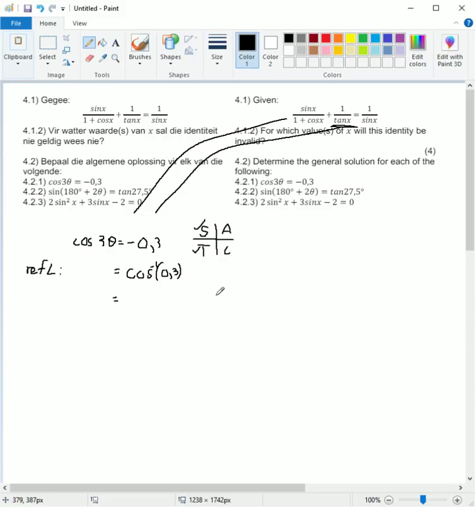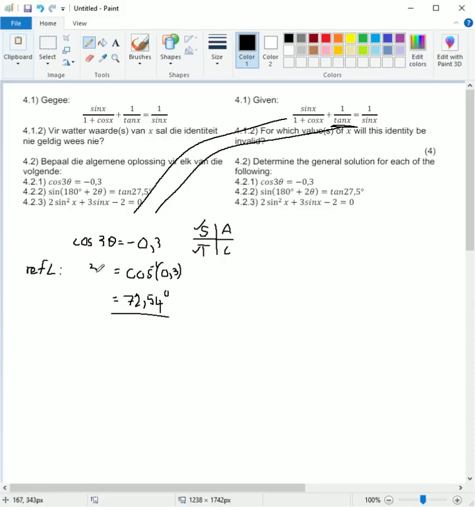My calculator says 72,54 degrees, rounded off to 2 decimal places because they don't specify. Great, so this is our reference angle, this is not our answer.